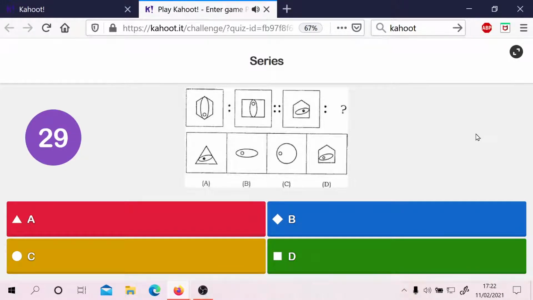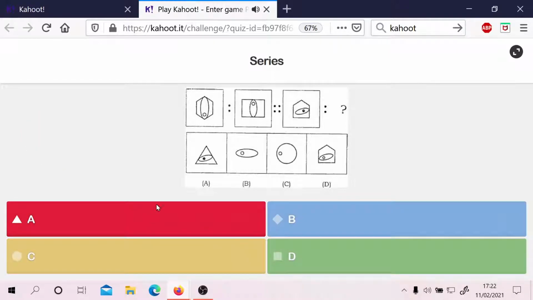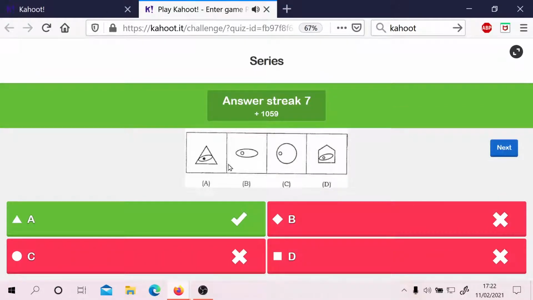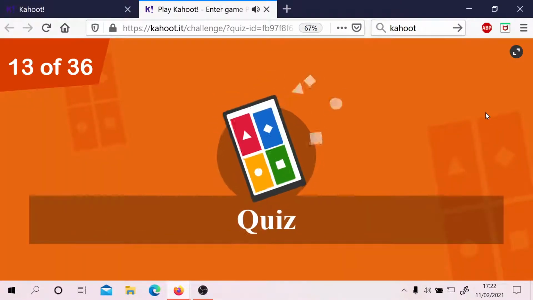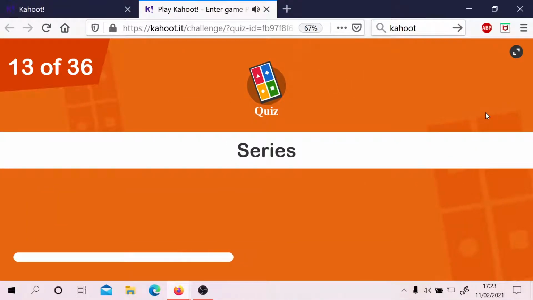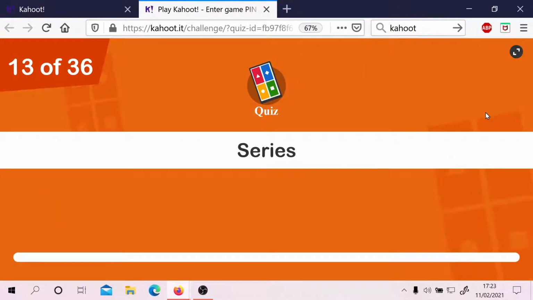What on earth is this one? What is that? I'm just going to go for A just because it's got a thing, which is that. Yeah. I didn't understand why that was the case, though. To be honest, that was a tough one.